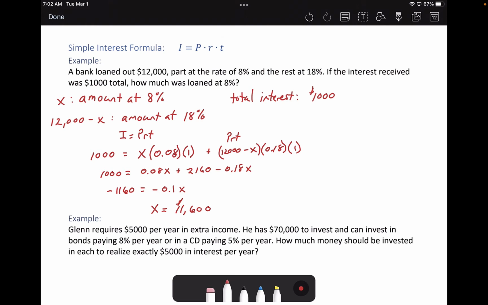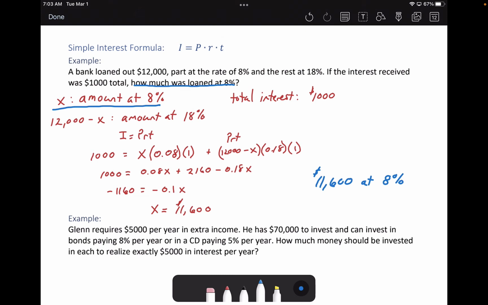Now we just need to make sure that we've answered the question. The question is, how much was loaned at 8%? Well, we just found that because X we defined to be the amount at 8%. So $11,600 was loaned at 8%. Now be careful. Typically, questions like this actually want both pieces of information.